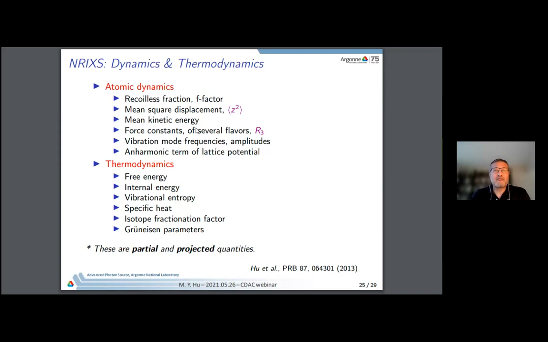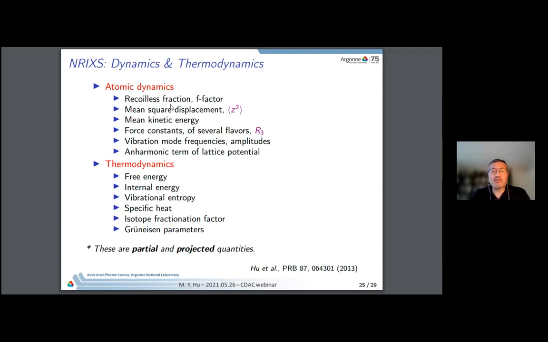And then again, talking about, listing a little bit of detail about the quantities you can derive from this measurement. All these things, this f factor. If you're a little bit familiar with Mössbauer spectroscopy, this f factor, the recoil-free fraction, is an important quantity.